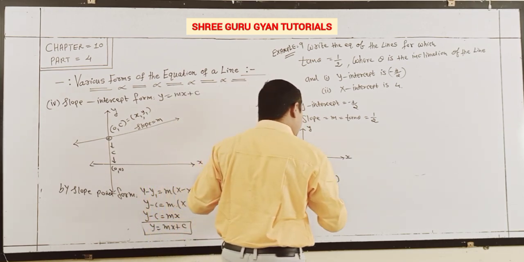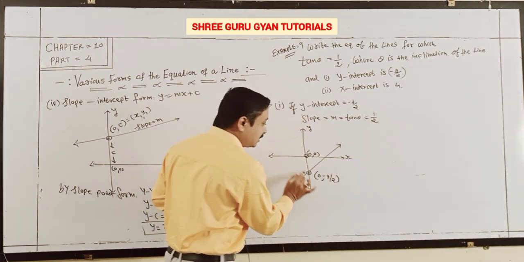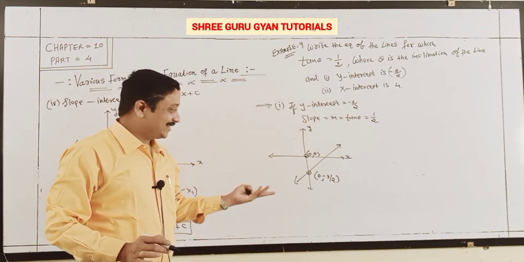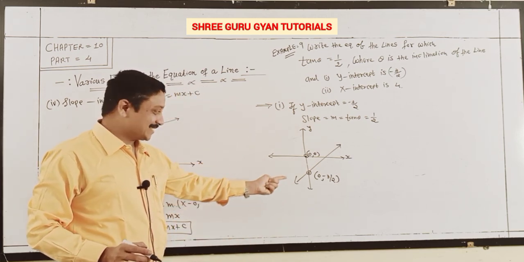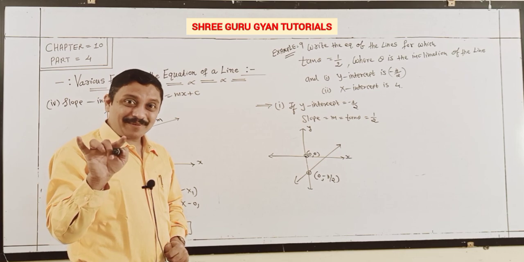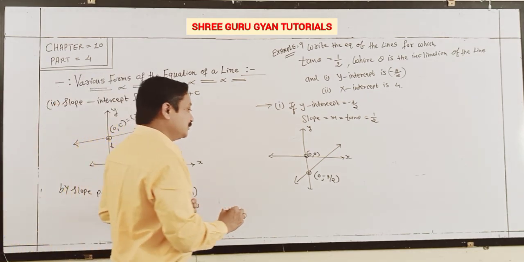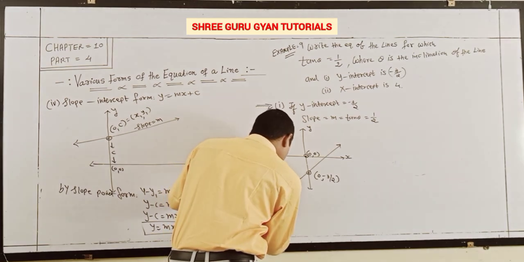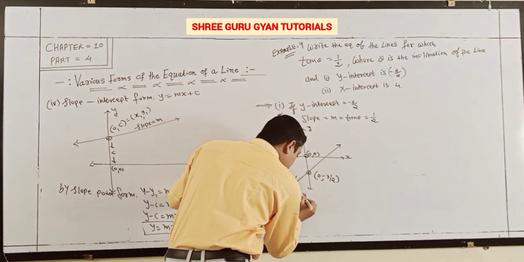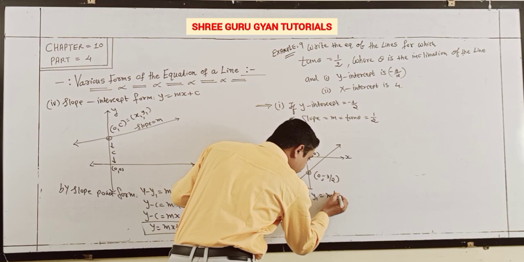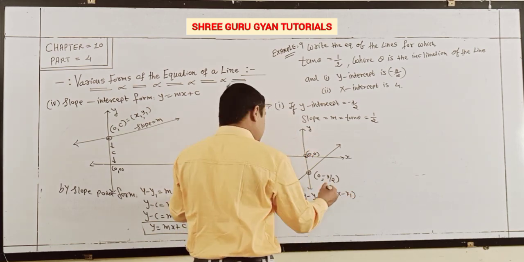Your line may pass through this side or this side. Very easy, slope known, passing point known. You apply it in this equation. So the equation of the line: y minus y1 is equal to m times (x minus x1). So what is your y1?